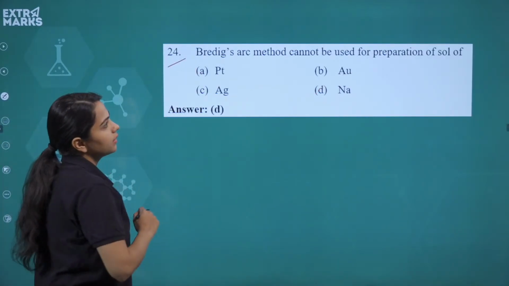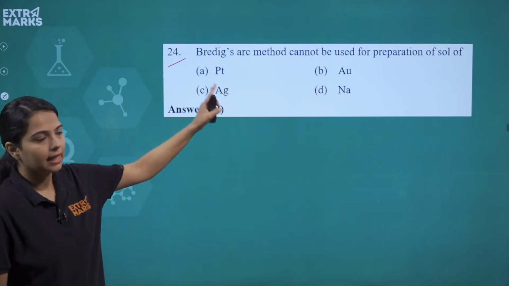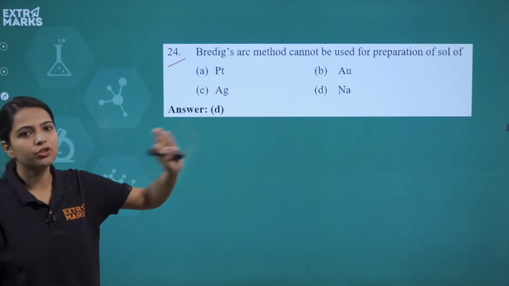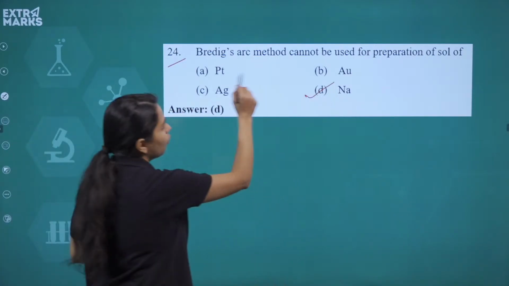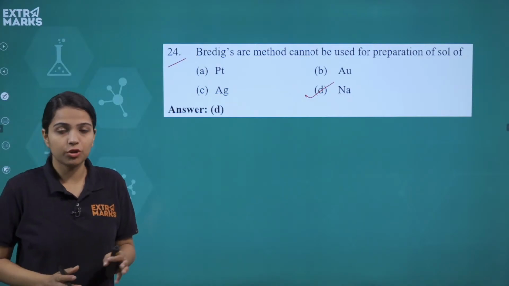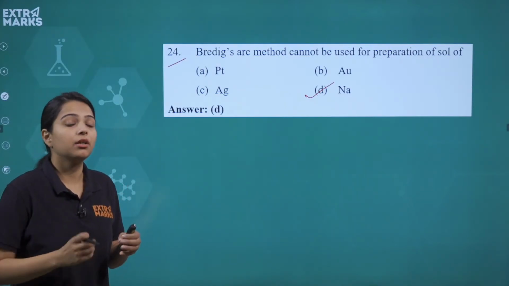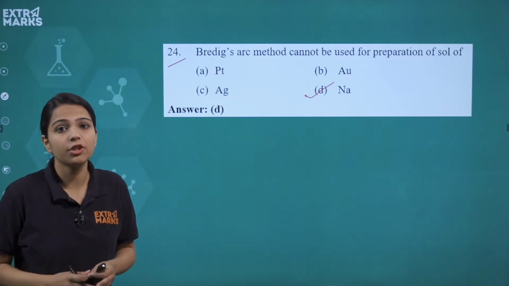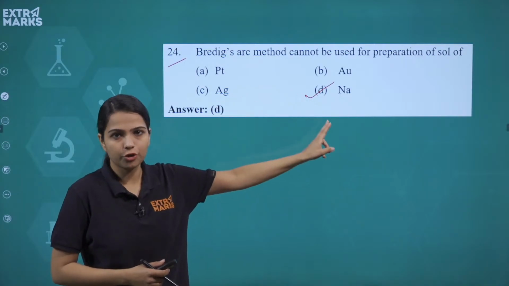Alright, next question 24. Briggs arc method cannot be used for preparation of sol for which of these? Platinum, gold, silver and sodium. So sodium is the correct answer. The rest are all noble metals, noble elements which are not very reactive, inert. So Briggs arc method is used to form their sol particles, but not for sodium.